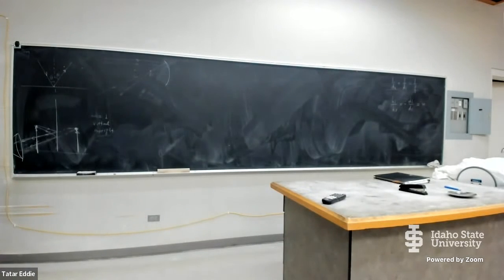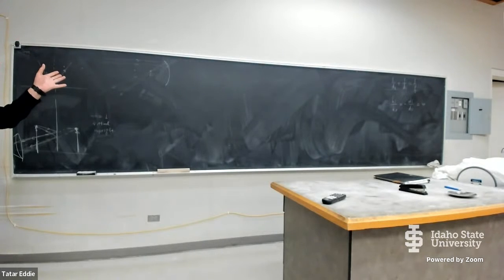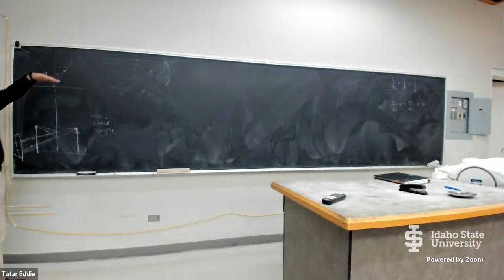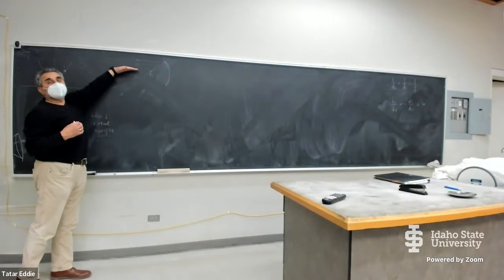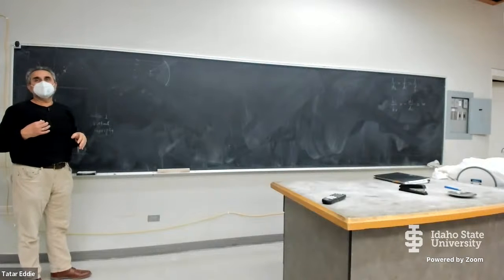And in order to have pretty much a single focal point with a spherical mirror, you have to restrict yourself only to work with light rays that are close to the principal axis, so-called paraxial light rays.